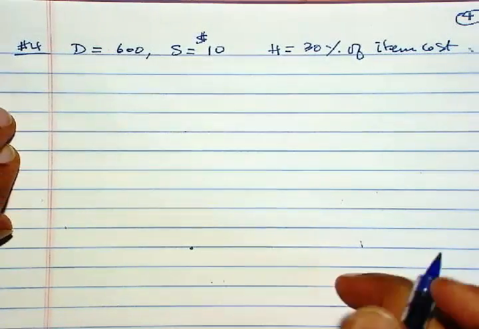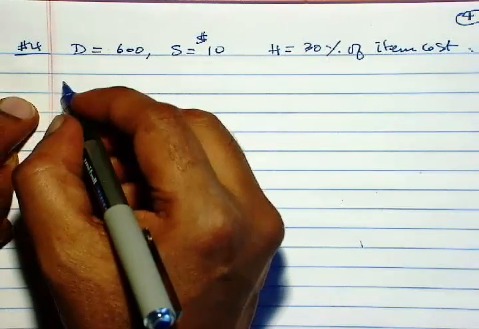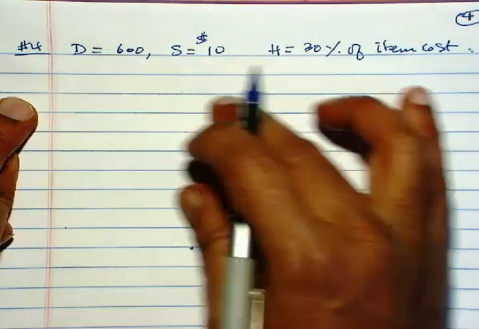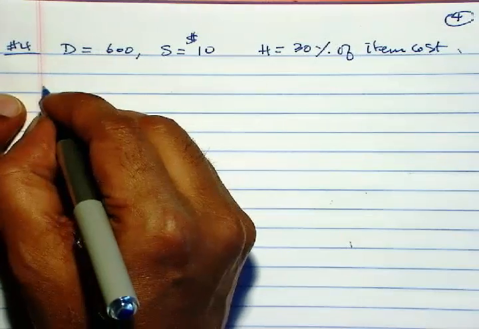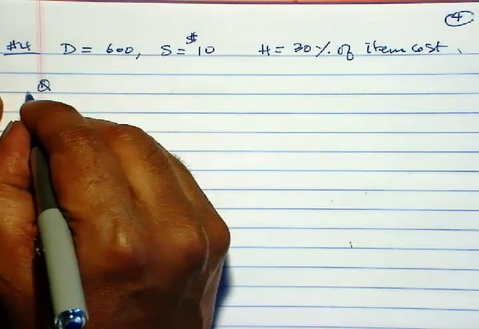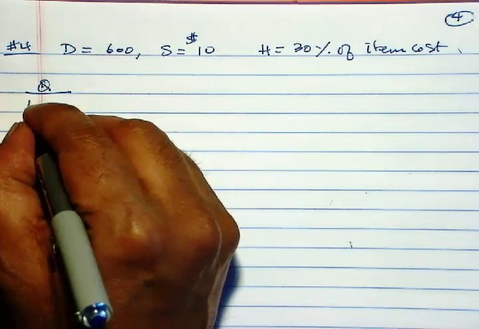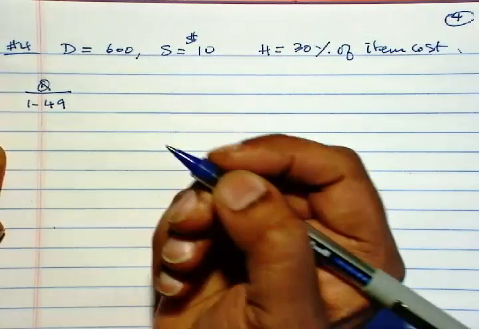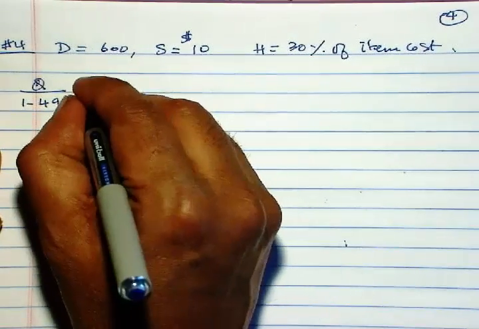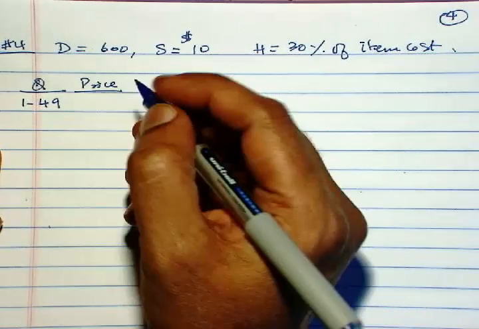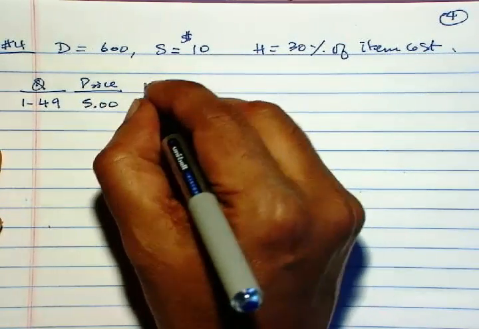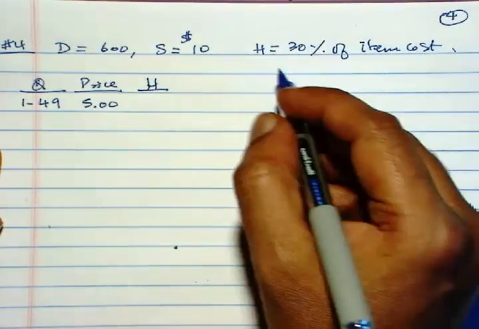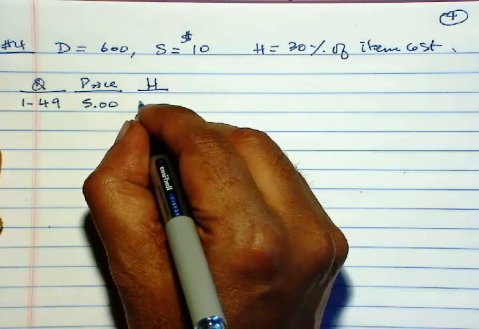Okay, so now we need to set up. The first step is to find the candidate Q. So Q range is 1 to 49. Okay, the price is $5. So our holding cost will be 30% of $5.